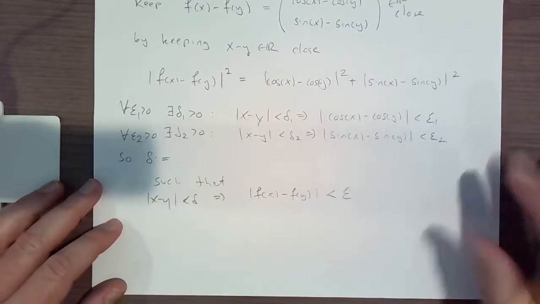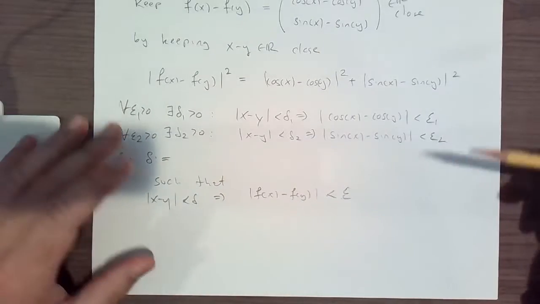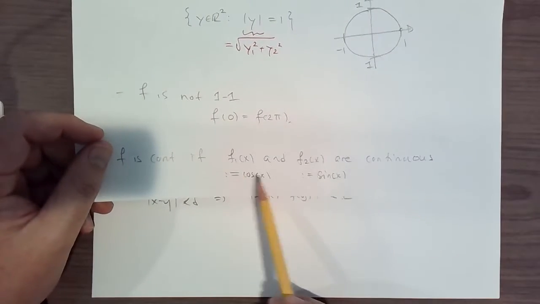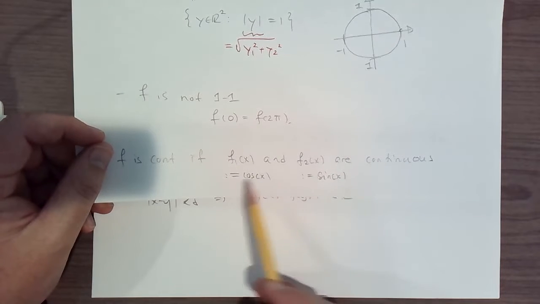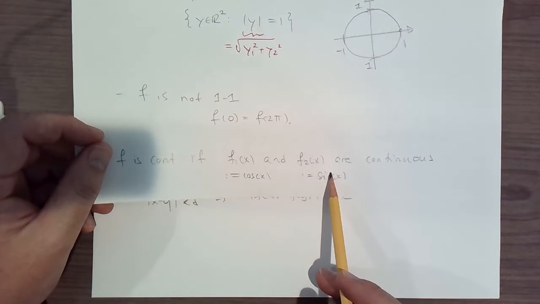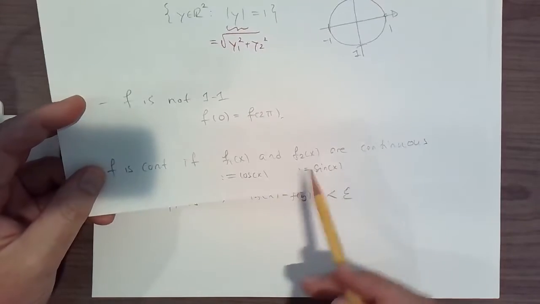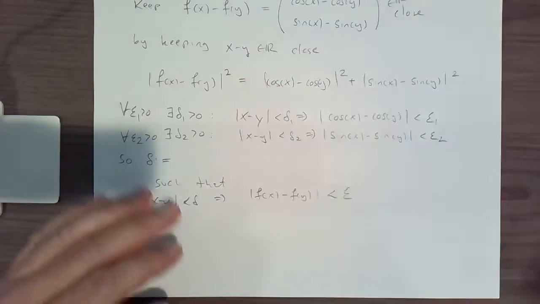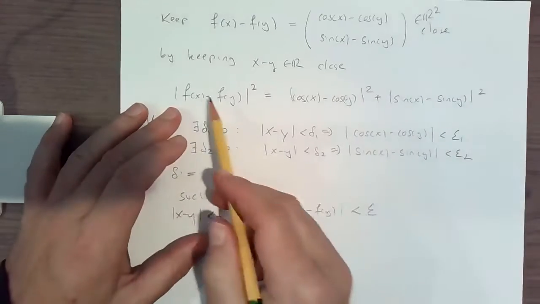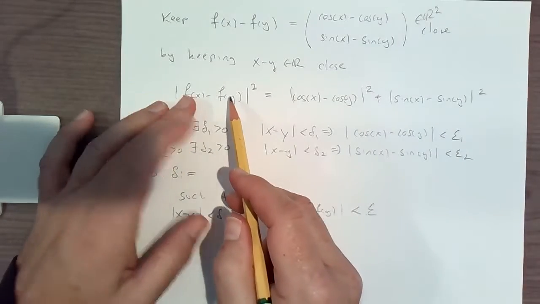Nobody has a suggestion? If I can prove, so we have to do that too, that each one of these is continuous, how do I then get that f is continuous? Well, I get that f is continuous by keeping these values here close.